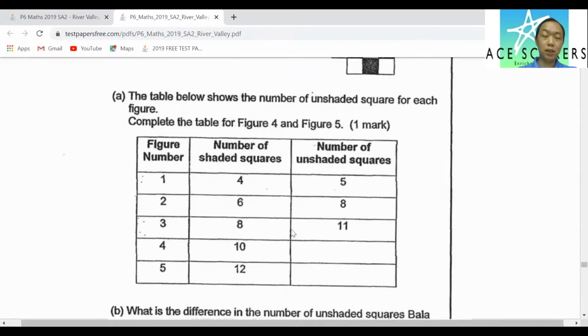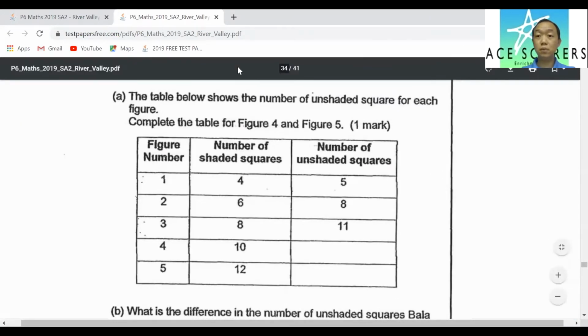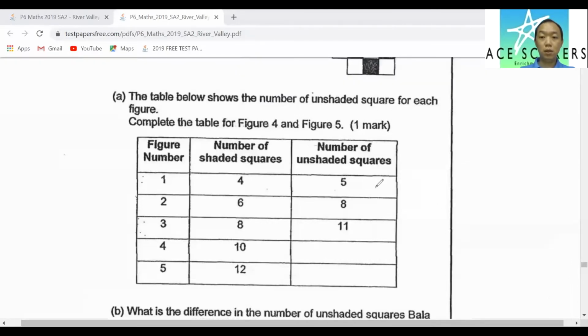What I like to do is look at the increment here. So here to here is plus 3. Here also plus 3. So likely this is plus 3 as well, and this is plus 3. So the plus 3 is 14, this is 17. So I'm going to have 14 and 17 there.